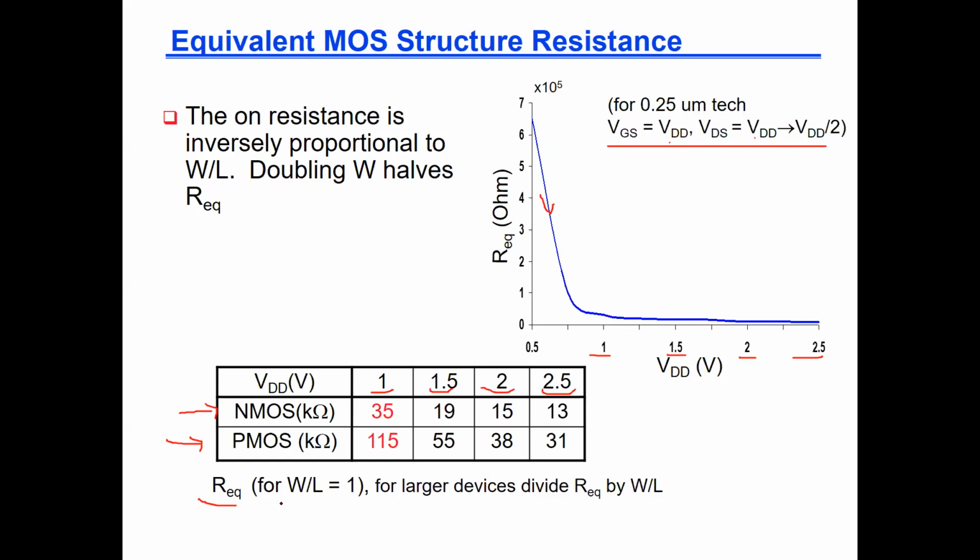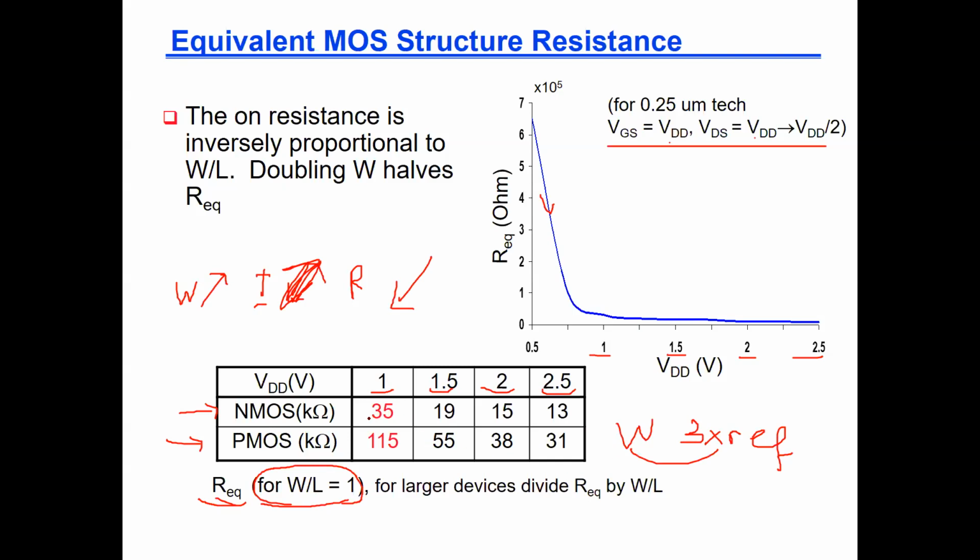And also those tables, which is very important for us to note because later we can use tables to build Elmore delay and other stuff which we'll discuss later, will scale with W by L. We know that as W increases, I will increase, and therefore R will decrease proportionally. So if we tell you that this table of R equivalent is for W by L equal to 1, and if we tell you that a certain device has 3 times the reference width, then you take this resistor value and divide it by 3.